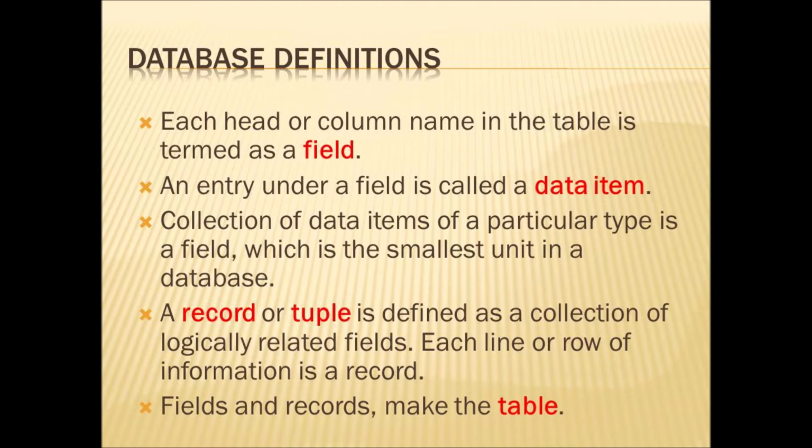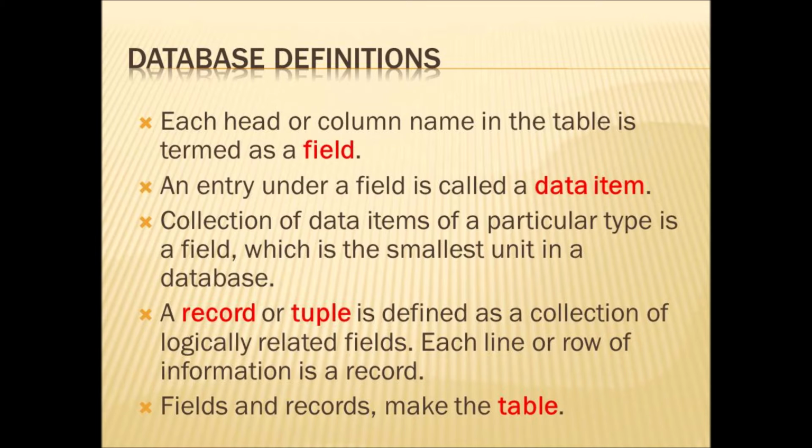Here, the collection of data items of a particular type is a field. This field is the smallest unit in a database. On comparing all the concepts that are available in the database, this field is the smallest unit available.